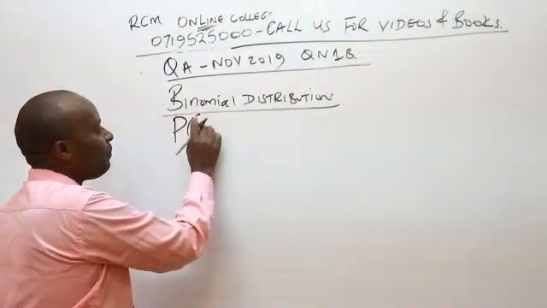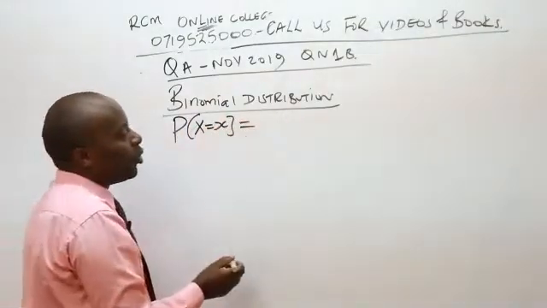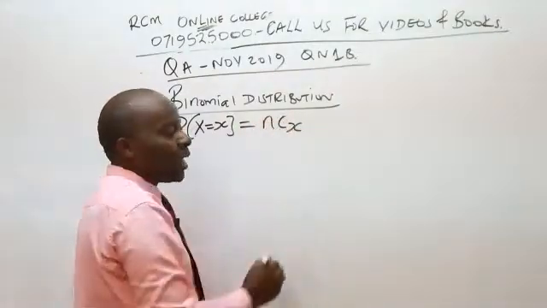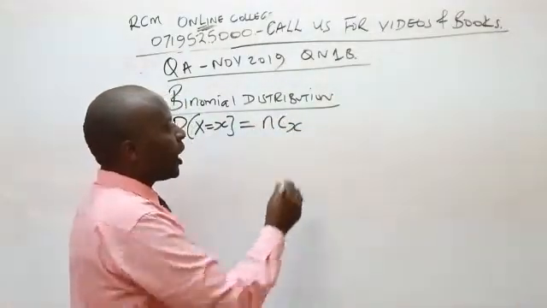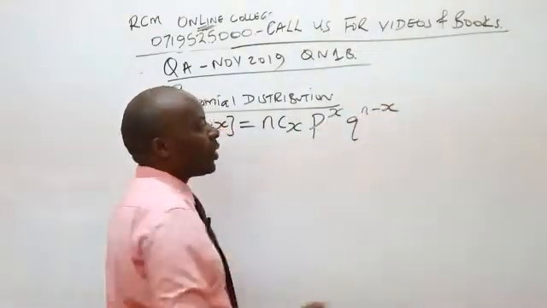If you recall, there is a formula. The probability of capital X being equal to small x will be equal to n combinations x, p raised to x, q raised to n minus x.